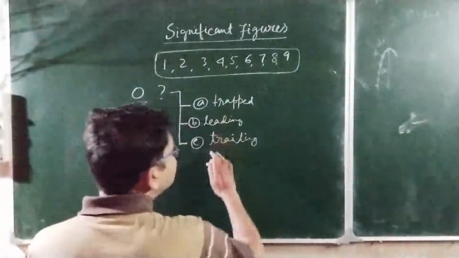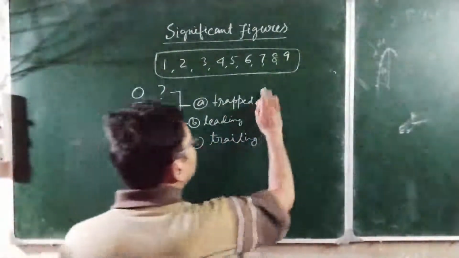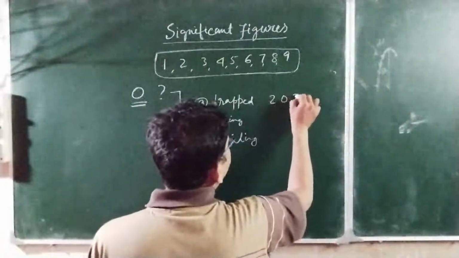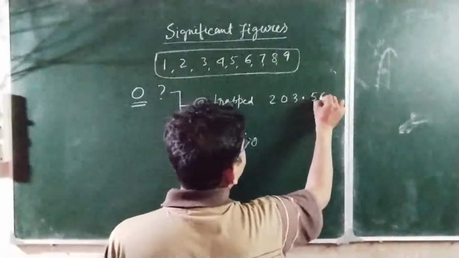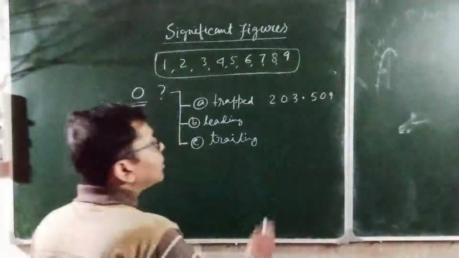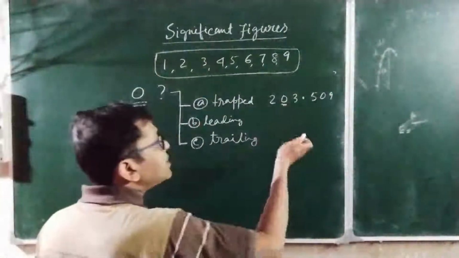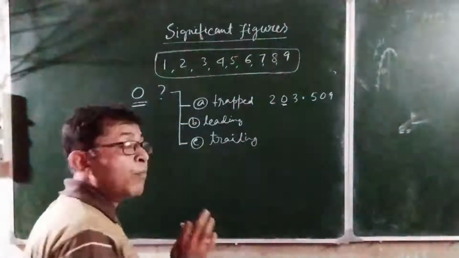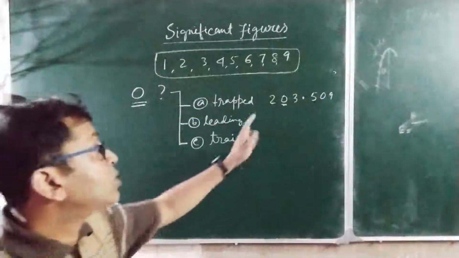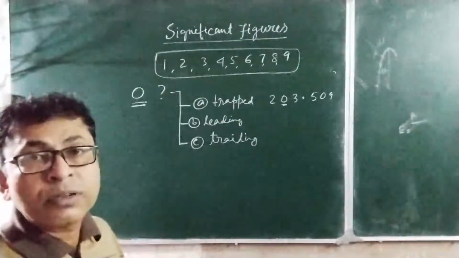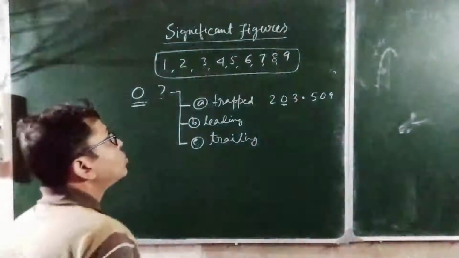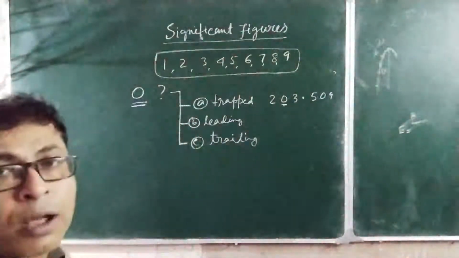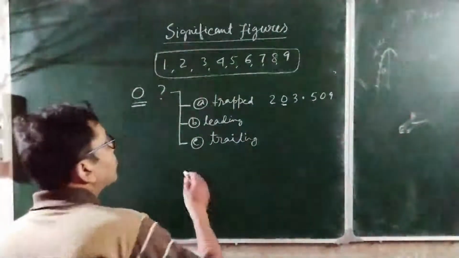Out of these, trapped, like this, 2.0, 3.509. This 0 is in between 2 digits. So all the time these trapped zeros will be significant, definitely significant. So you have to count these zeros for counting the number of significant figures.